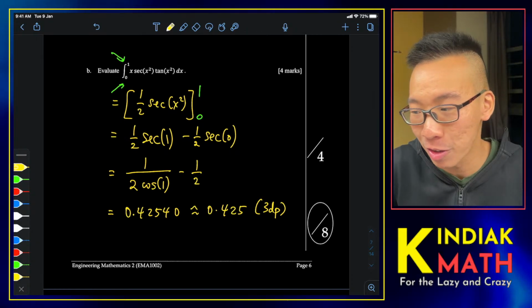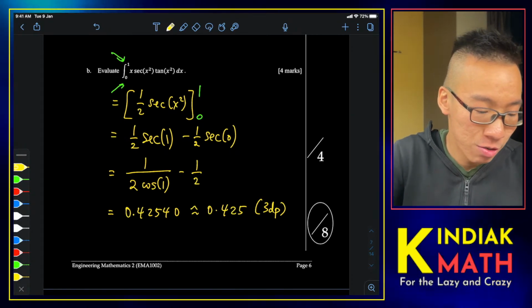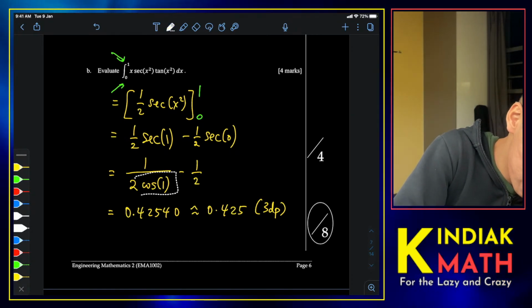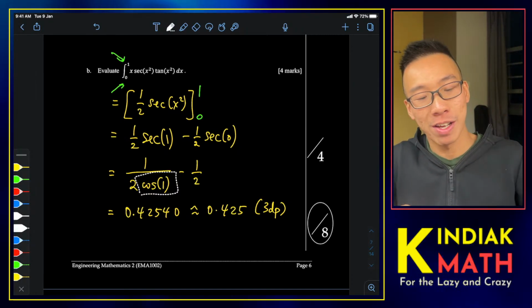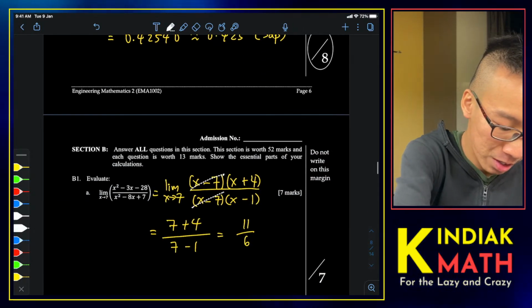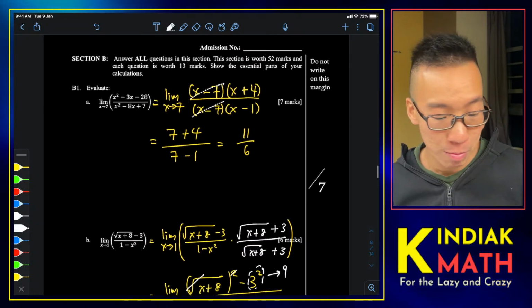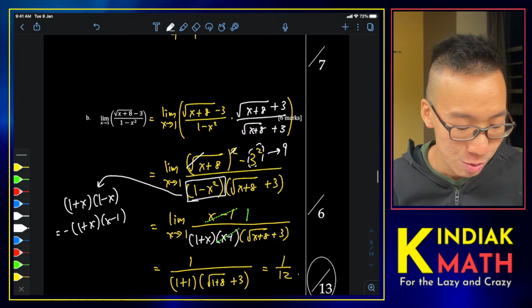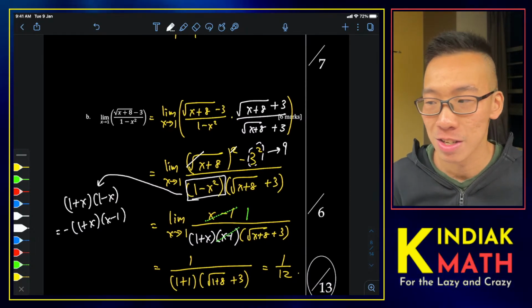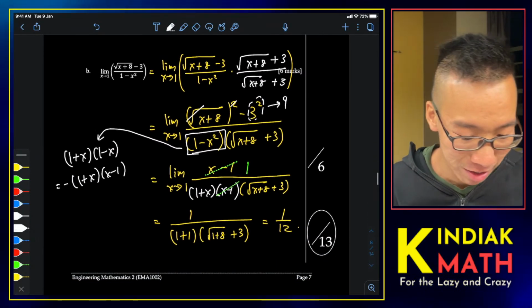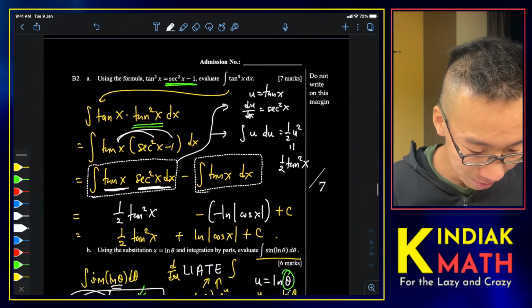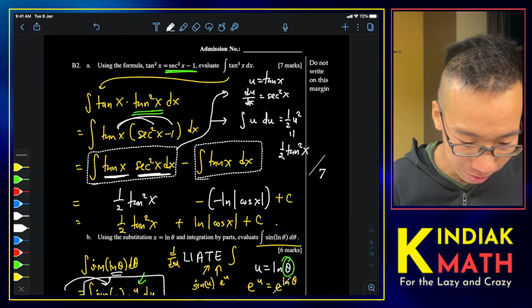Plug in where you need to, and of course, evaluate trigonometric expressions. Same thing with limits. Remember that you can use the conjugate rule and do some factorization whenever you can, with more substitutions.